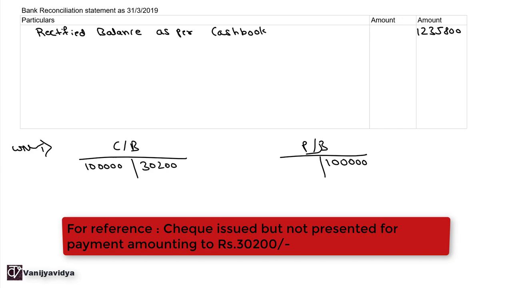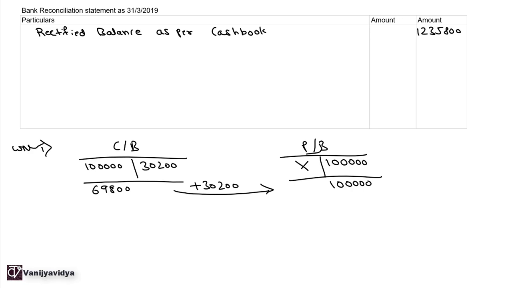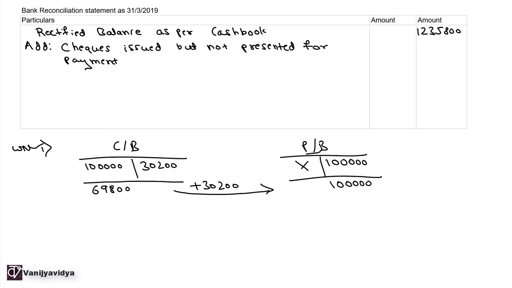But the same are not presented for payment, so there is no entry in the passbook. So here the balance is 69,800. Here the balance is 1 lakh. Now we are moving from cash book to passbook. So we have to add 30,200 in the bank reconciliation statement. Let's do that. Add checks issued but not presented for payment 30,200.